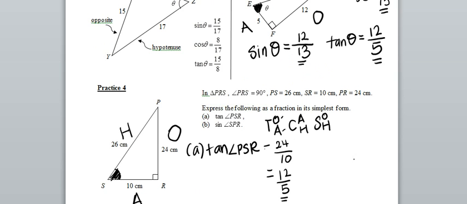Next, let us take a look at our question for part B. They now want sine of angle SPR. Is this angle still the same as the previous angle PSR? No. Now the angle has changed to angle SPR. Let's mark the angle with a different color. Firstly, let us label the hypotenuse, and the hypotenuse is still H, it does not change.